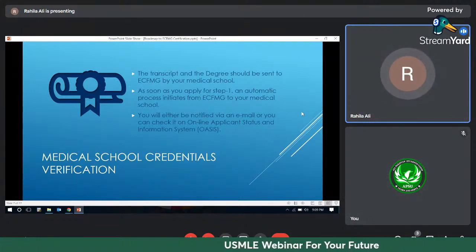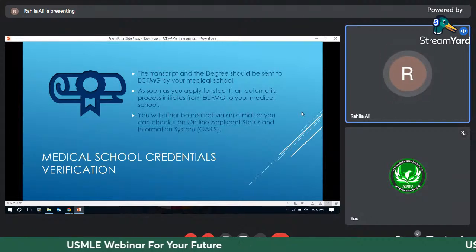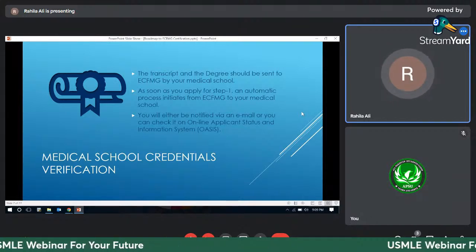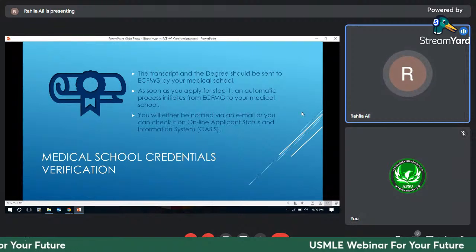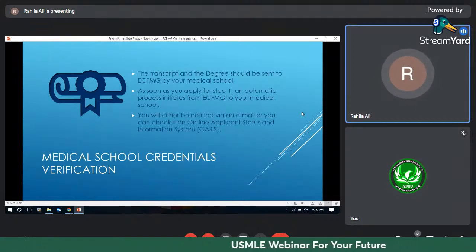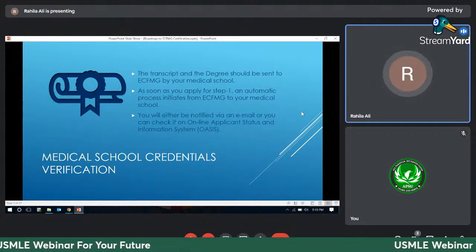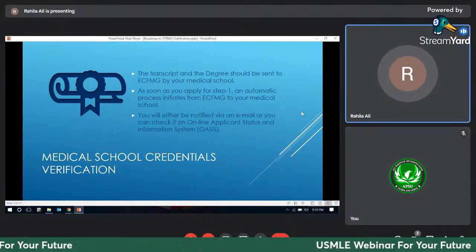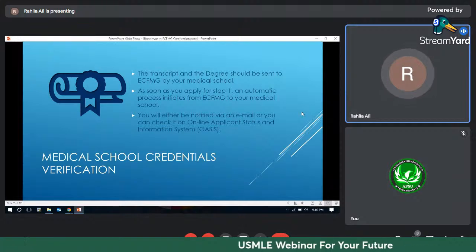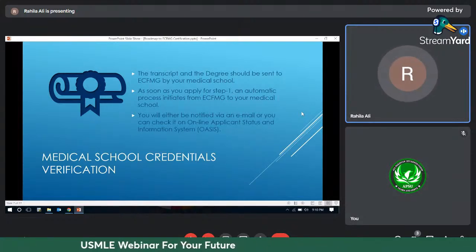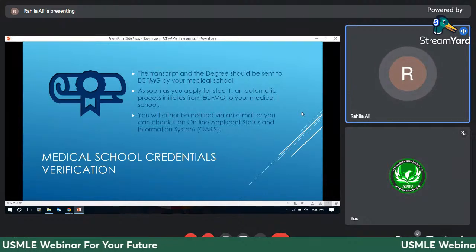After that, when you apply for Step 1, the ECFMG automatically starts its online verification process with your medical school, and you will be able to apply for Step 2 and Step 3 only online. There is no need to fill Form 183 every time. After that, you go to their online application status and information system and check whether your medical school is verified or not.